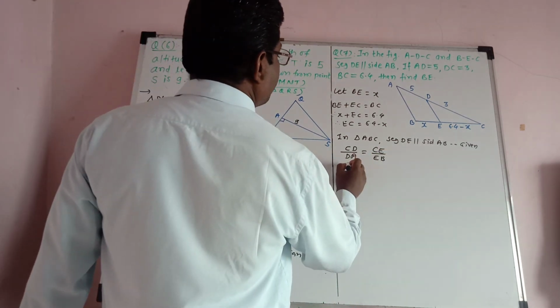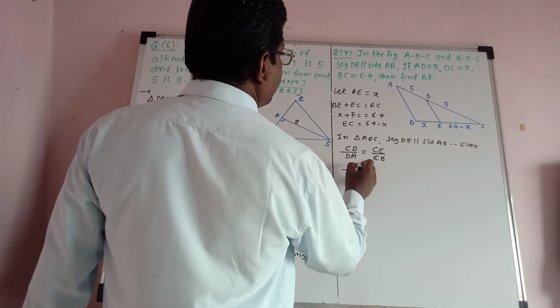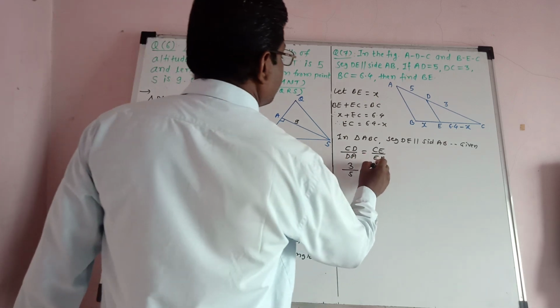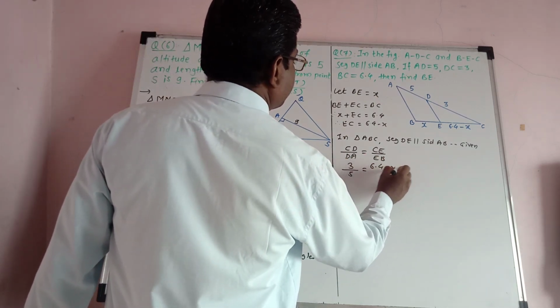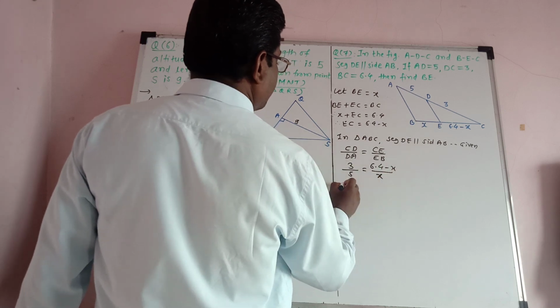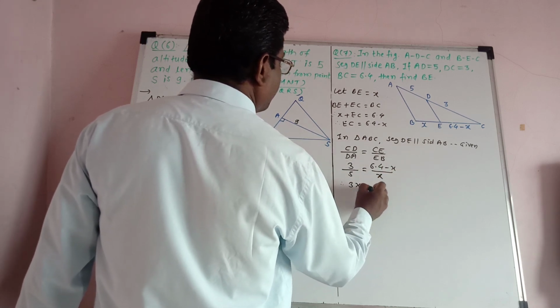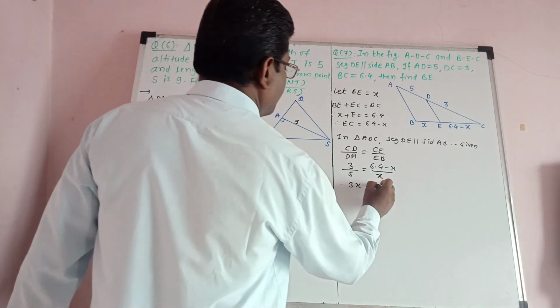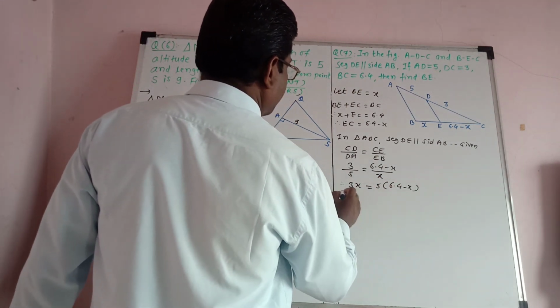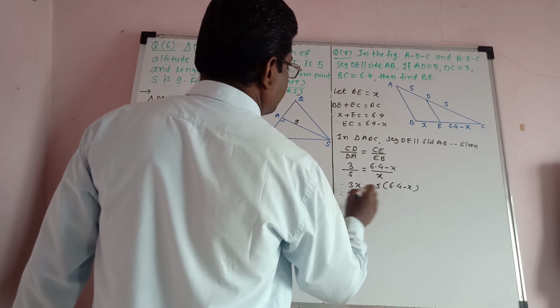Now value of CD is 3 and DA is 5, is equal to CE, 6.4 minus X, upon EB, which is X. Cross multiplication: 3 into X, 3X is equal to 5 in bracket 6.4 minus X.